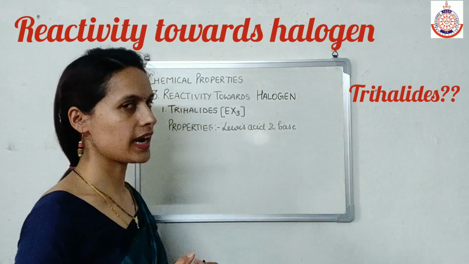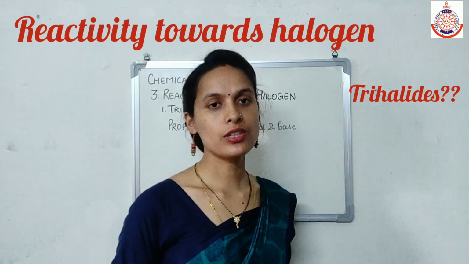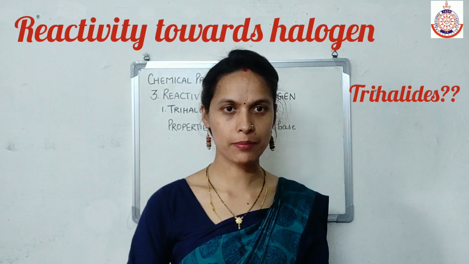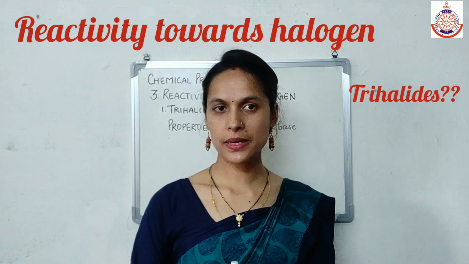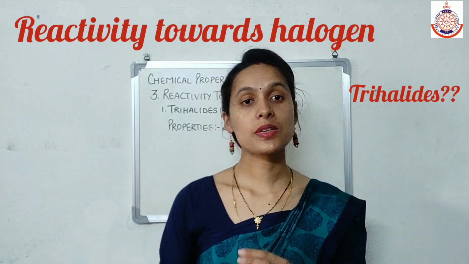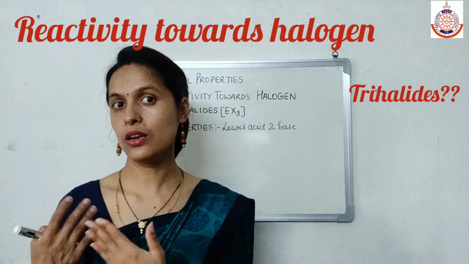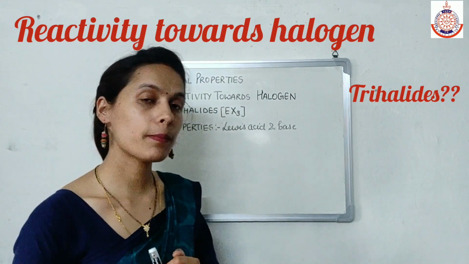The reason is that the trihalides of the nitrogen family have a pyramidal structure, which means they have a lone pair, so they have the tendency to donate it.